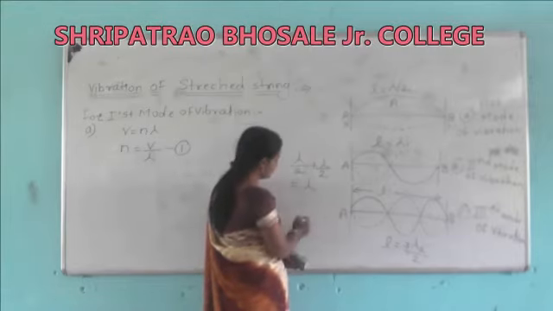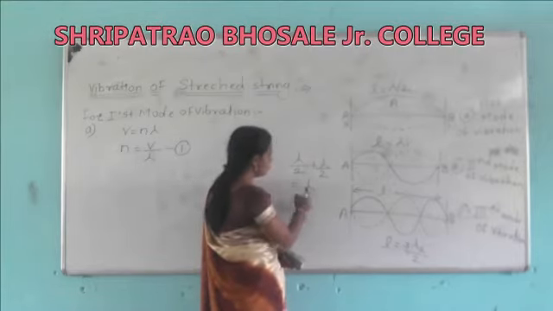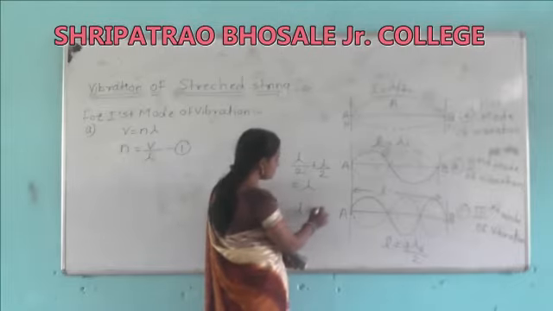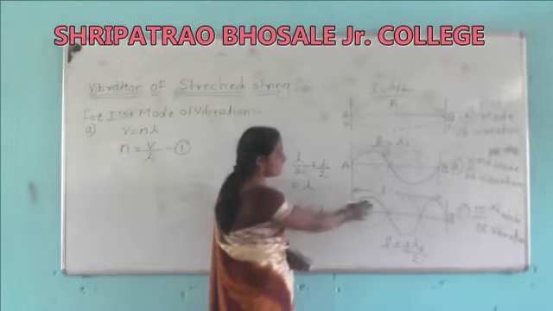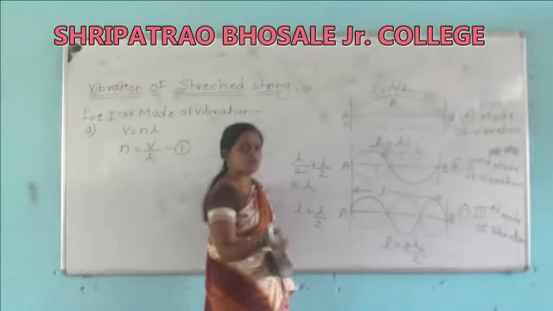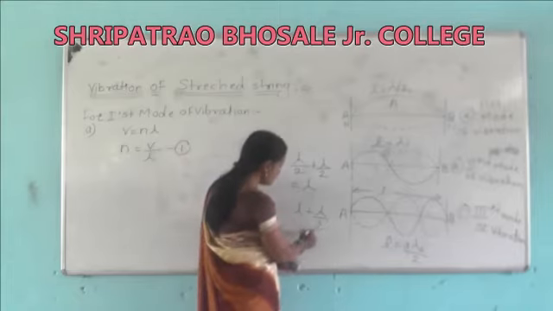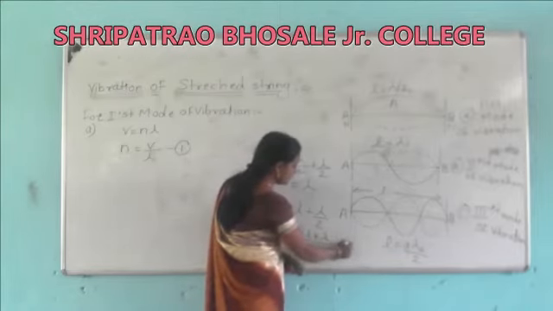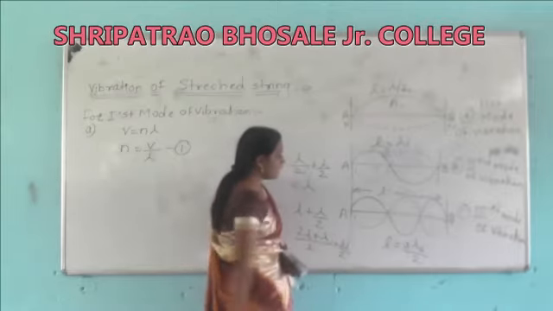In the third mode, we know that the distance is lambda plus lambda by 2, since the distance between two successive nodes is also lambda by 2. Therefore, we get the distance 3 lambda by 2.